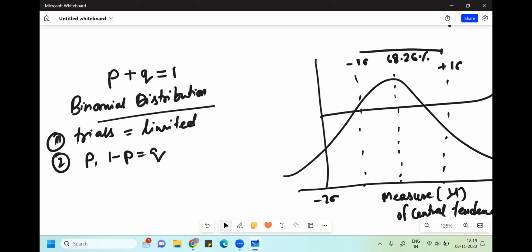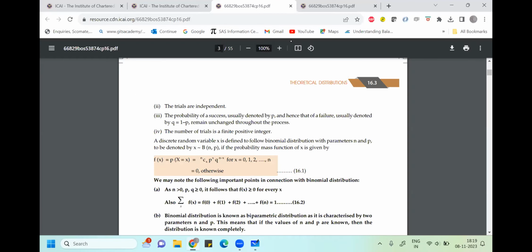And whenever we work on these trials, each trial is independent of the previous trial. This much is clear, everyone? So you can say that the success probability plus the failure probability, whenever you work on binomial distribution, the sum would be equal to 1.